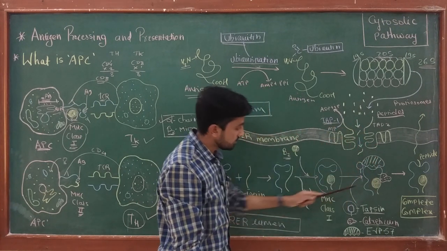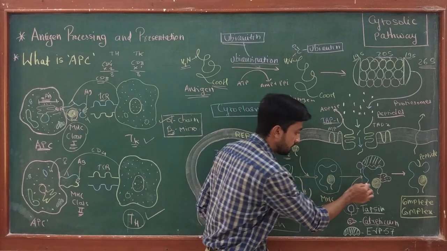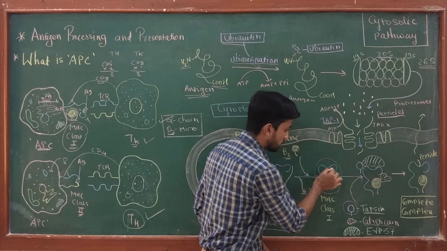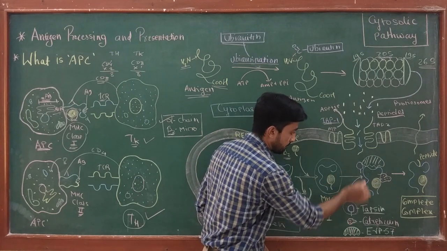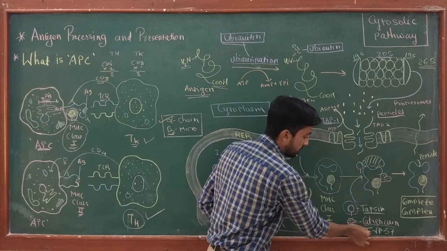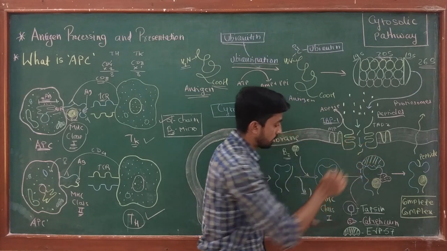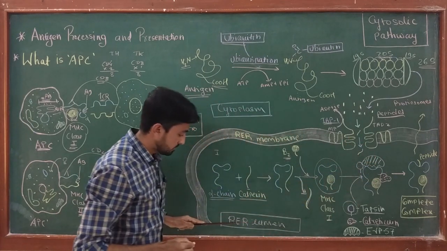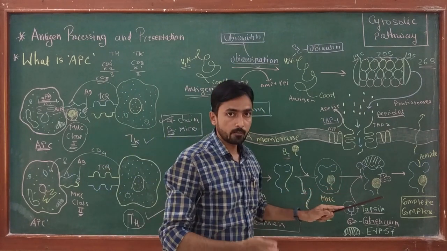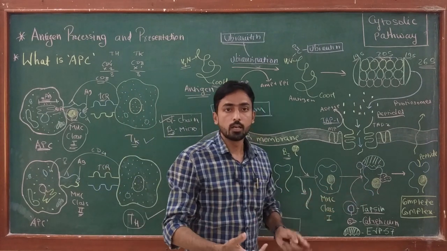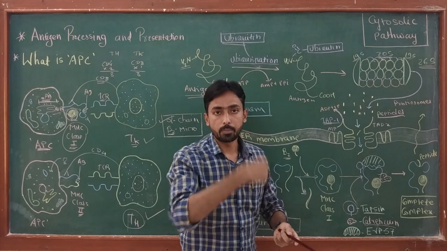Now once this complex is produced, you can see the complex has the MHC class 1 alpha chain, beta 2 microglobulin chain, tapasin, calreticulin and ERP57. This complex is produced inside the rough endoplasmic reticulum, and it is the complex where the MHC class 1 molecule is now ready to accept the antigenic peptide.